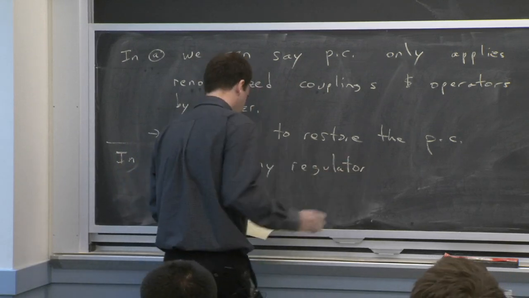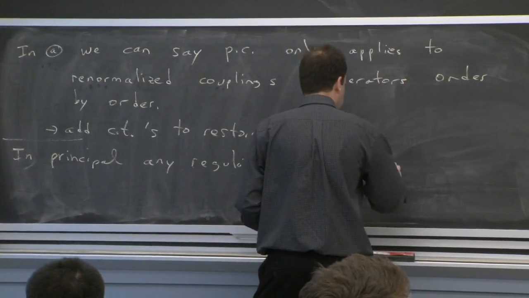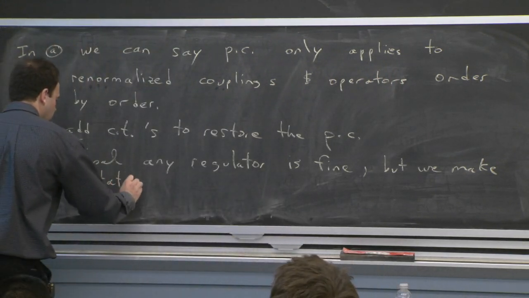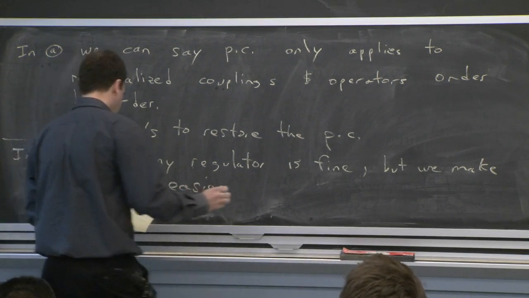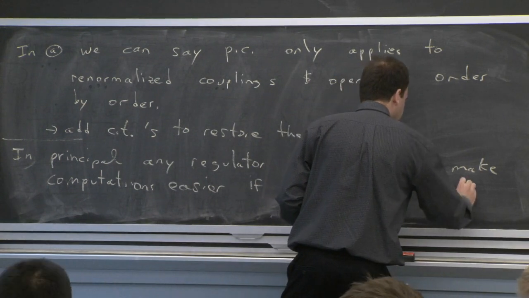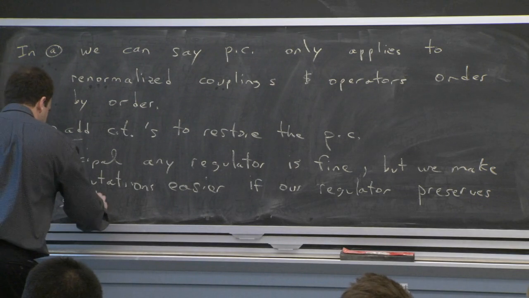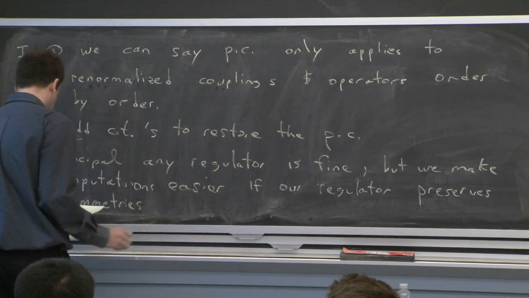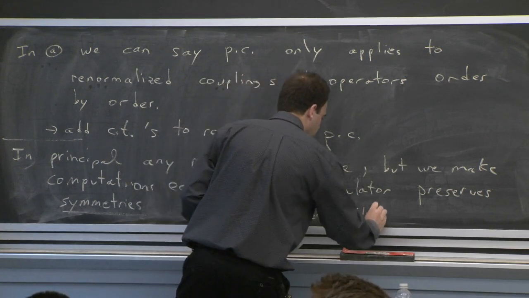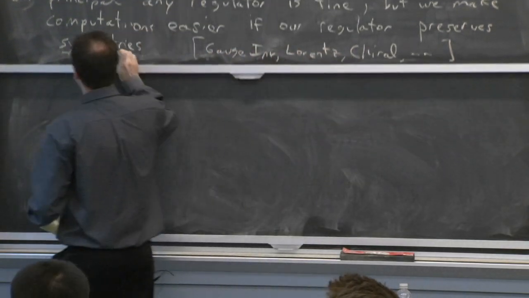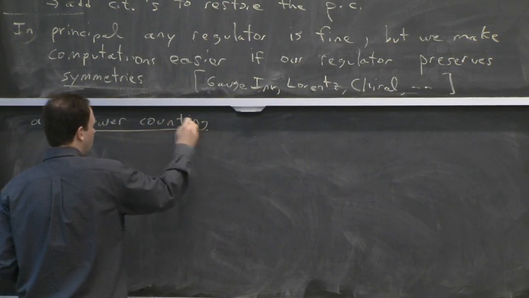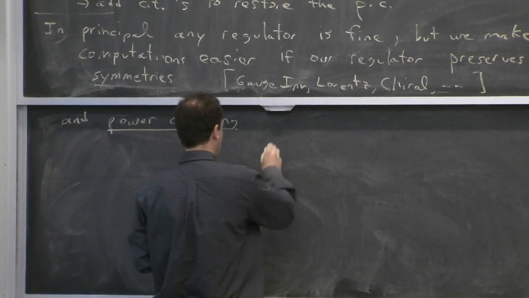So let me write that. So in an effective theory, you should think about regulating to preserve symmetries as well as to preserve power counting, if you can.